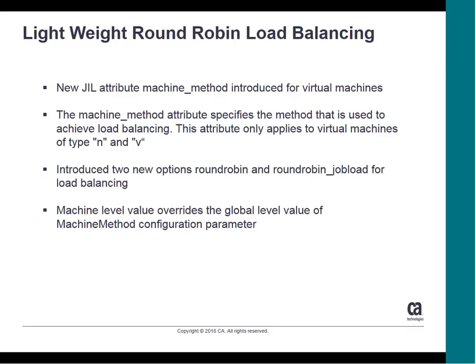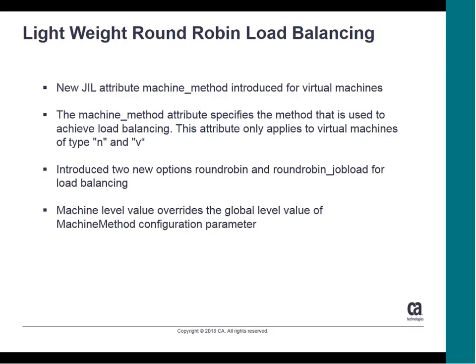Round-robin job load, as the name suggests, actually considers job load. In the event a machine has been picked up for scheduling based on the round-robin, and then given the job load that the machine is defined with and the number of jobs that are already running on it, if the job load criteria is not met, then this machine is skipped and the next available machine in the list is fetched and the job is pushed to that machine.